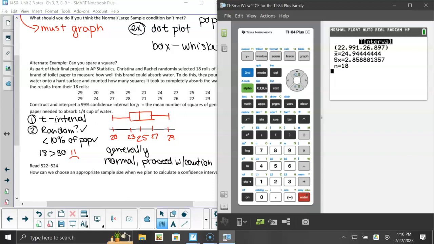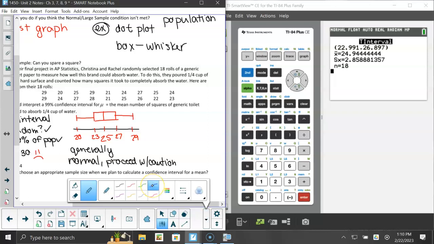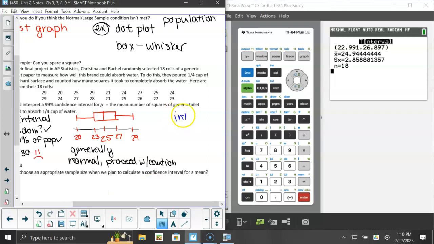All right, so I've got a confidence interval. The interval itself goes between 22.991 and 26.897.